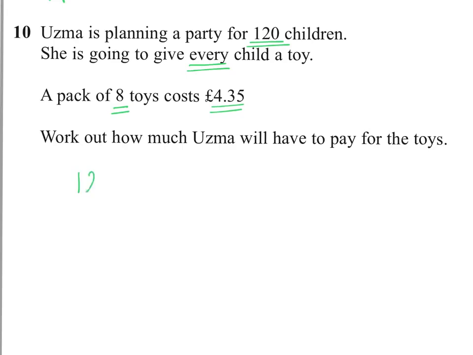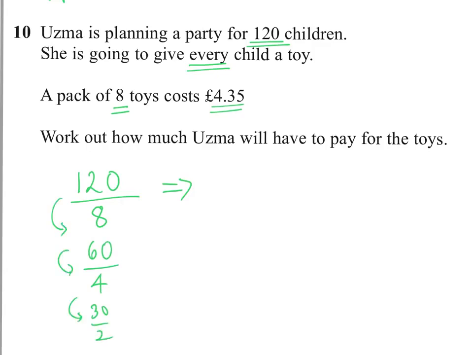If we take the 120 children and divide it by 8, that would tell us how many packs we want. You can use your calculator. I'll do a little non-calculator method as well. You can just halve numerator and denominator each time, and 30 divided by 2 would give what your calculator would be saying, which is 15 packs.